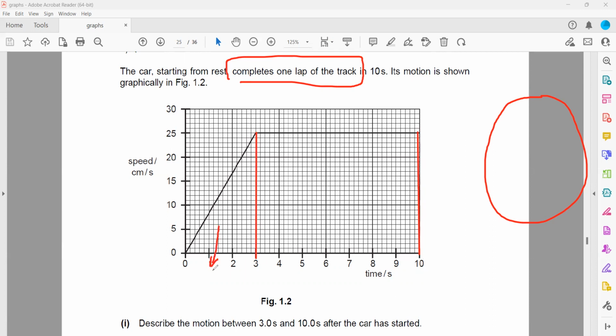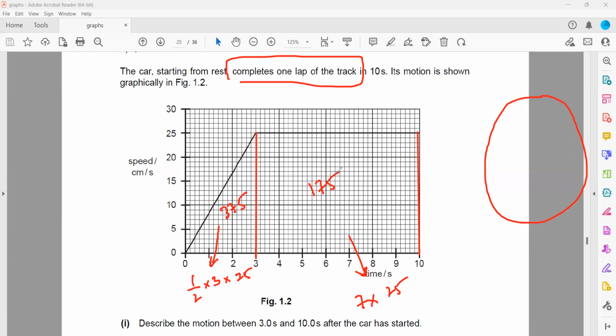So the area of the triangle will be half, base is 3 and height is 25. The rectangle's length starts from 3 and ends at 10, so 7, and the height is equal to 25. So the triangle is half base times height, so half of 3 times 25, like 75 divided by 2, which is 37.5. And the rectangle is 7 times 25, which is equal to 175.